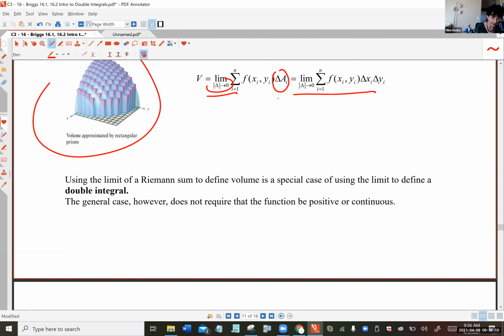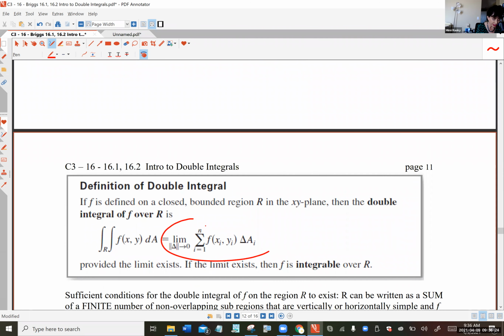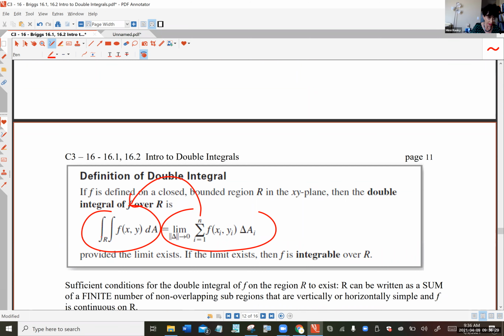Because this delta A sub i turns into delta x sub i, there's your width, times delta y sub i, there's your length. So you have two variables to do business with. So when you take the limit, you're going to end up with a double integral. There's your definition of a double integral: it's the limit of a Riemann sum, provided the limit exists. And if the limit exists, we say that the function f is integrable over the region R.